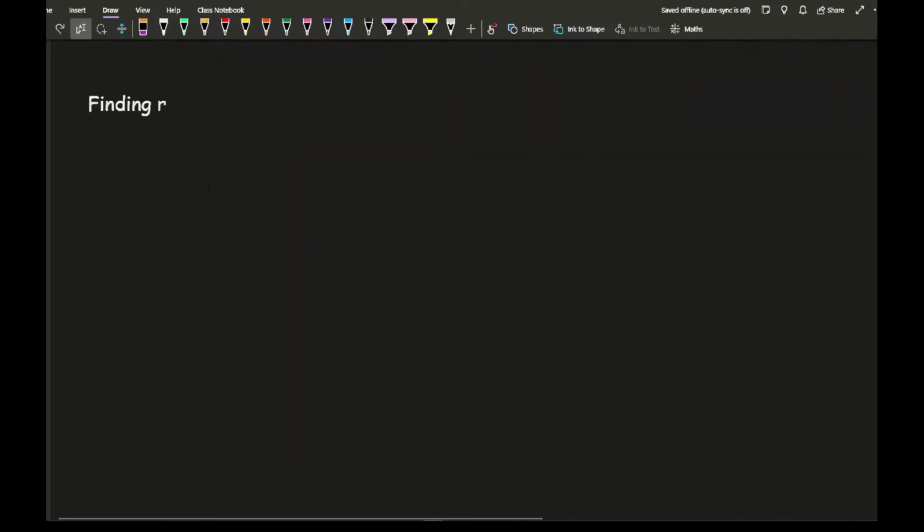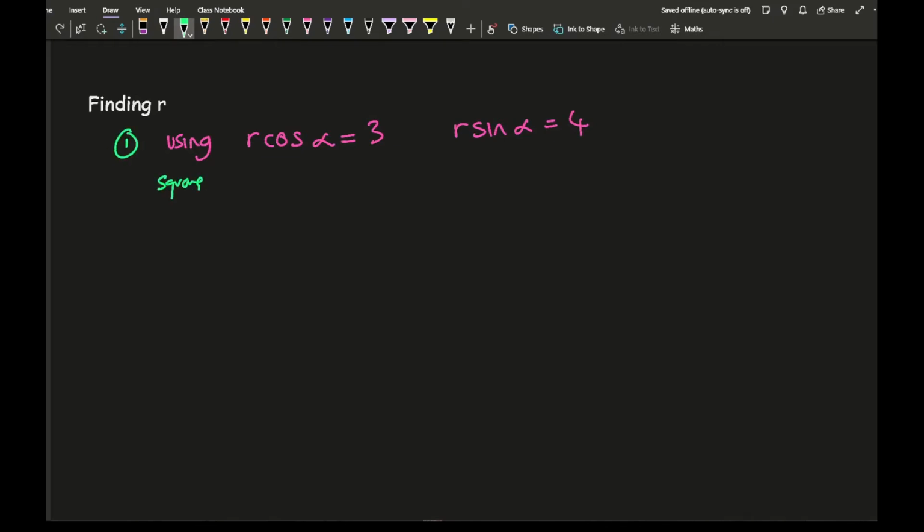Now for finding r, we can do this in a number of ways. The most common way, if you're going to do this first, is here, using that r cos alpha equals 3, and r sine alpha equals 4. So here, step 1 is to square and add everything.